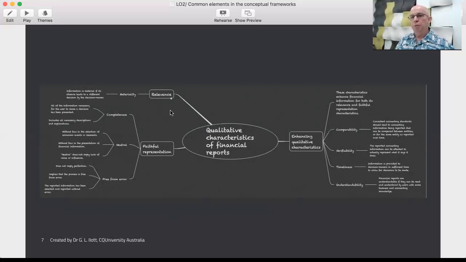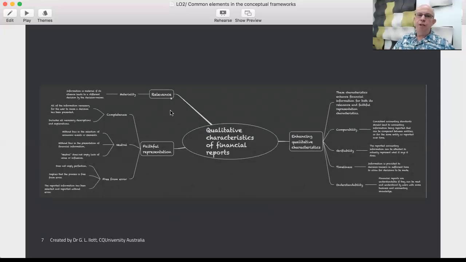They need to be timely so that the financial reports get to the investors in enough time for the investor to make reasonable decisions. Now, you should make note that timeliness and free from error are two competing forces here.